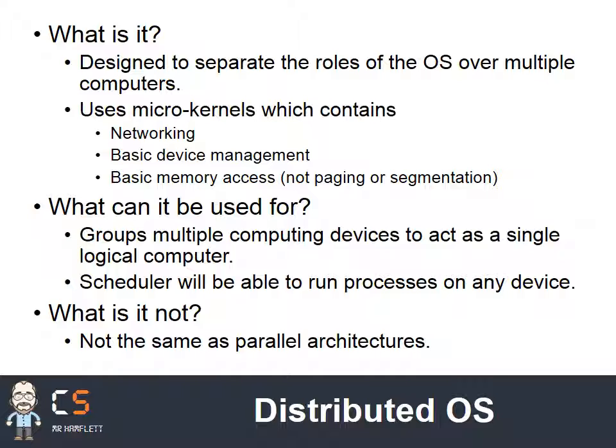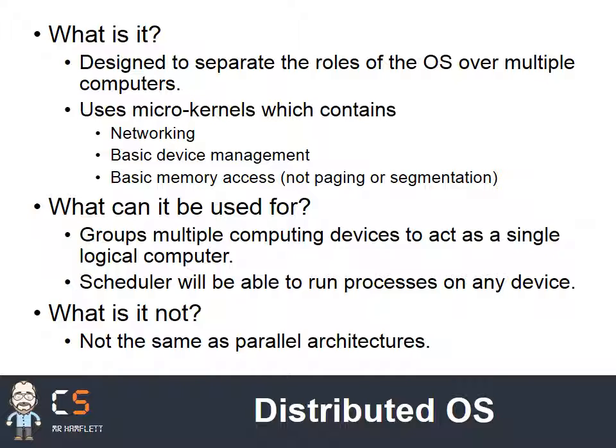And because we can run a process on any device, we can spread the load out and ultimately improve performance. It's not the same as a parallel architecture, so it's not the same as having a single computer with multiple CPUs in, although it can act in a similar way.